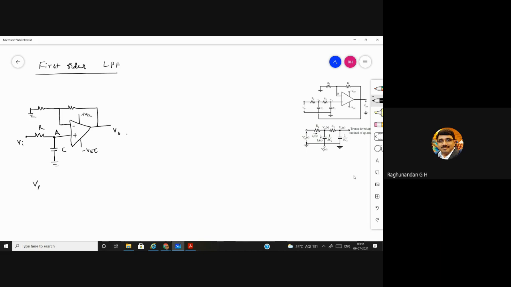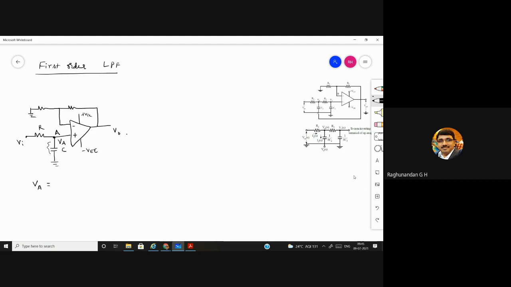To find the voltage across node A, we can see that this capacitor and resistor are connected in a parallel combination. One terminal of this capacitor is connected to node A, the other terminal is connected to ground. So when you connect in this fashion, the voltage across this node will be equal to the voltage across this capacitor, because the voltage across R will not be equal to this voltage.